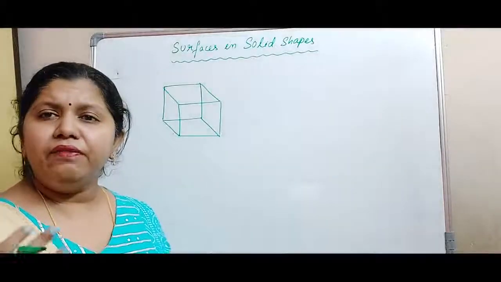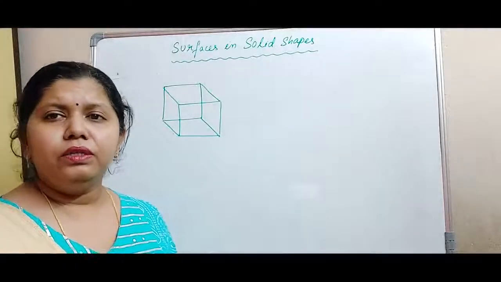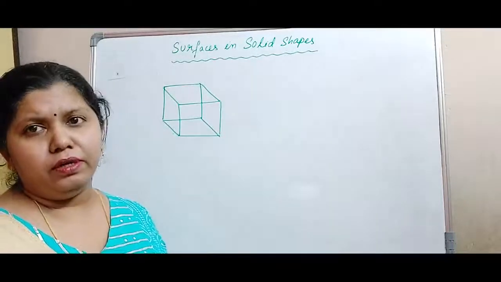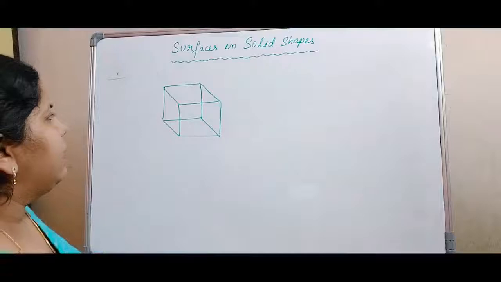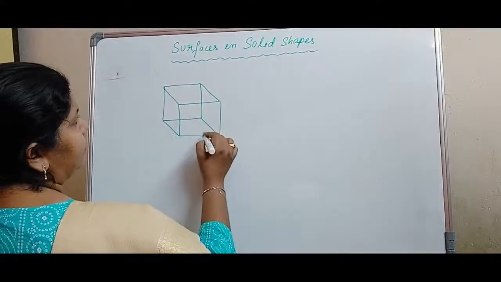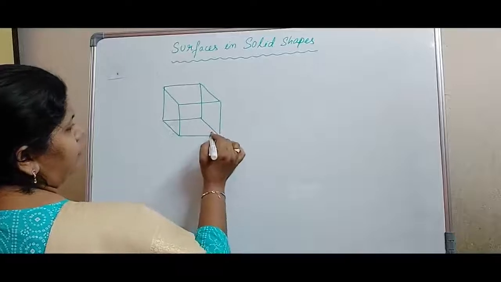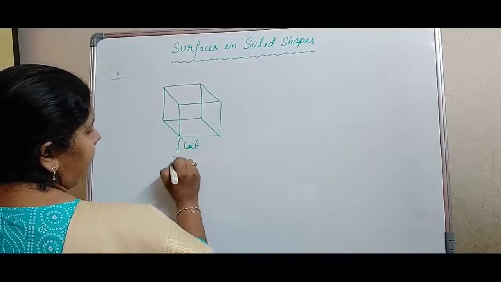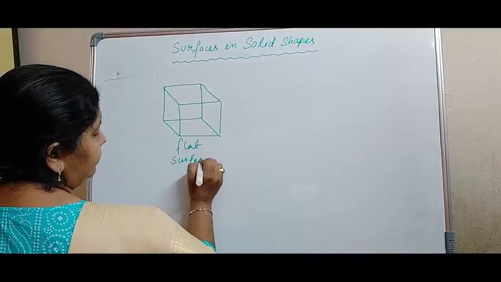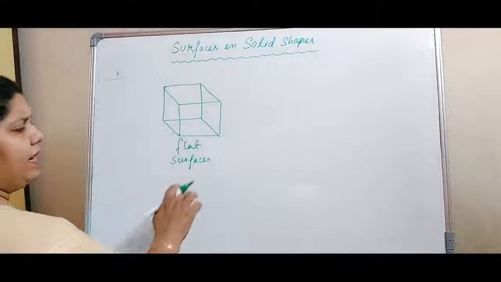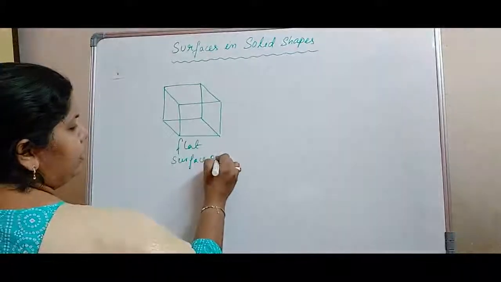Now each and every solid shape has got two kinds of surfaces on it. So this figure is having the surface as flat. It has got flat surface on its face.